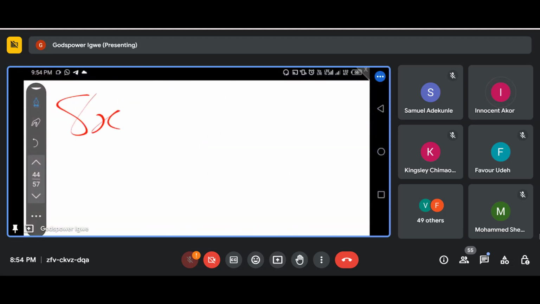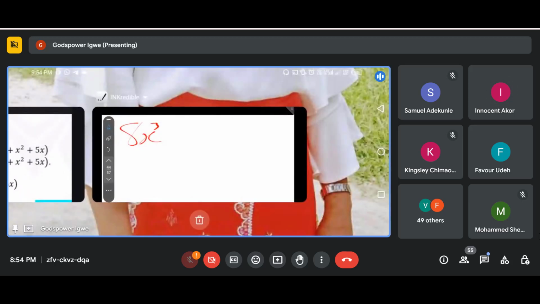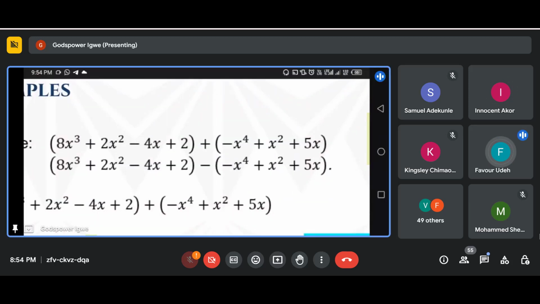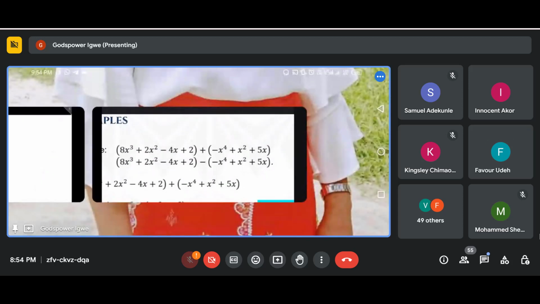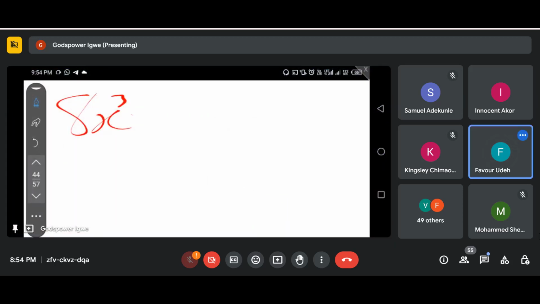So this is 8x cubed. Can somebody call those figures for me? Somebody call these figures for me. 8x cubed plus 2x squared minus 4x plus 2, close the bracket.